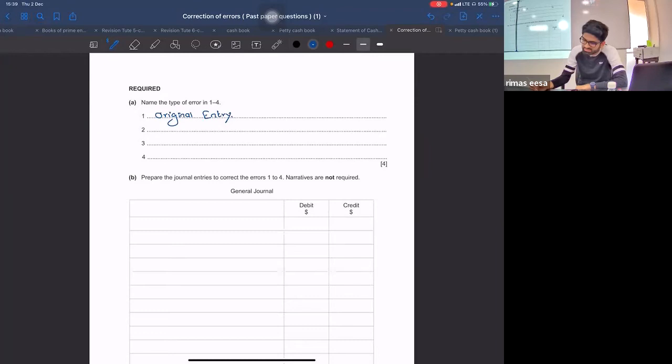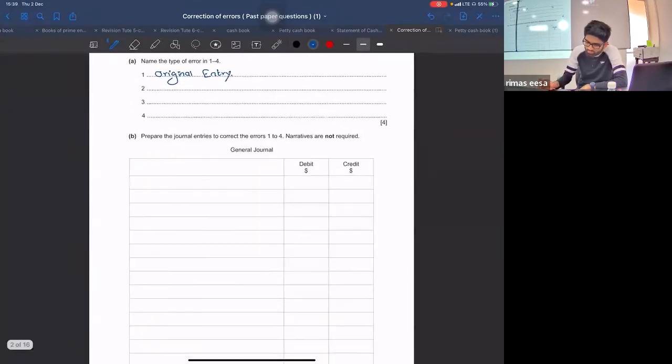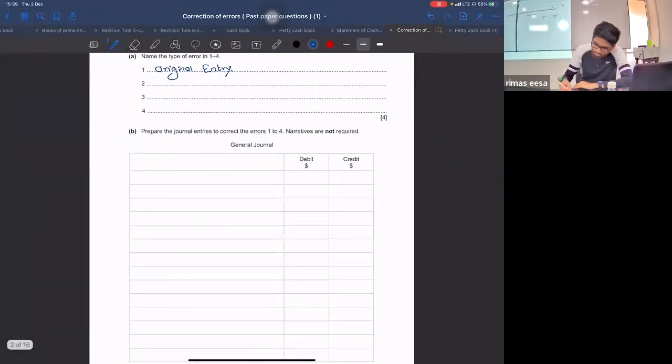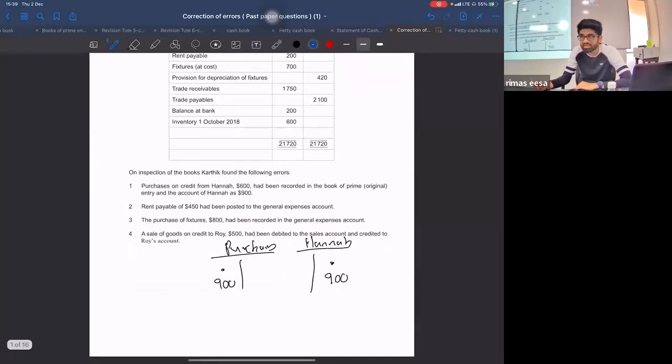Let's also correct error number 1, because the B part is to do the journal entries. Narratives are not required. So I'm going to correct error number 1. I've done the workings here. Correct amount is how much? 600. But how much have you entered? 900. How can I make the purchaser's account 600?